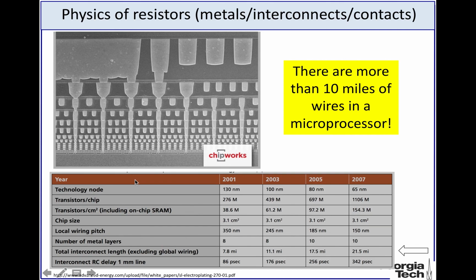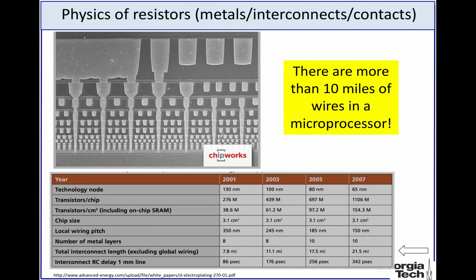So finally, let's finish this lecture with a fun fact. As we were saying, metals are being used as interconnects and contacts. Basically, interconnects are the wires that connect different parts of the microprocessor.